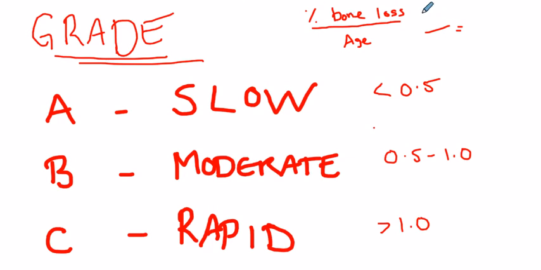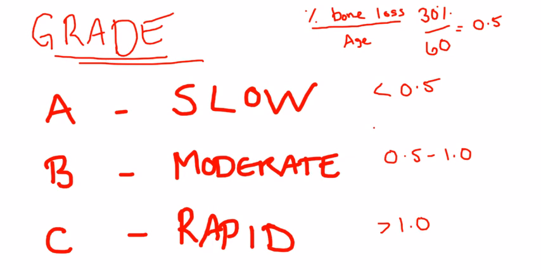So for example, say we have 30% bone loss in our 60-year-old. This equaled 0.5. Okay, so that's effectively half. Okay, half of the age is 0.5.